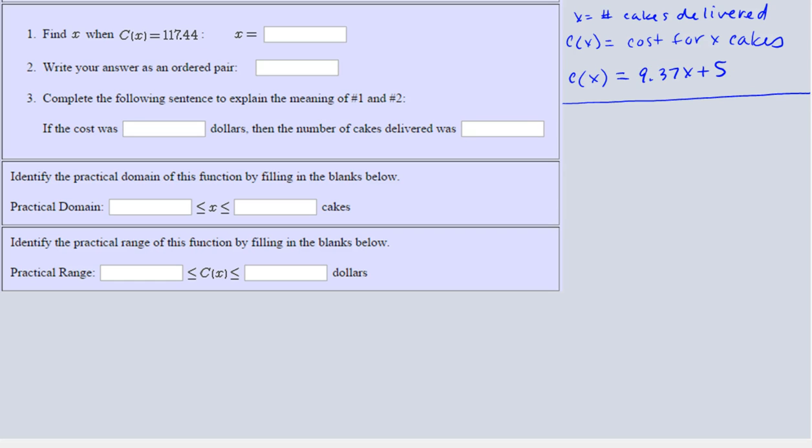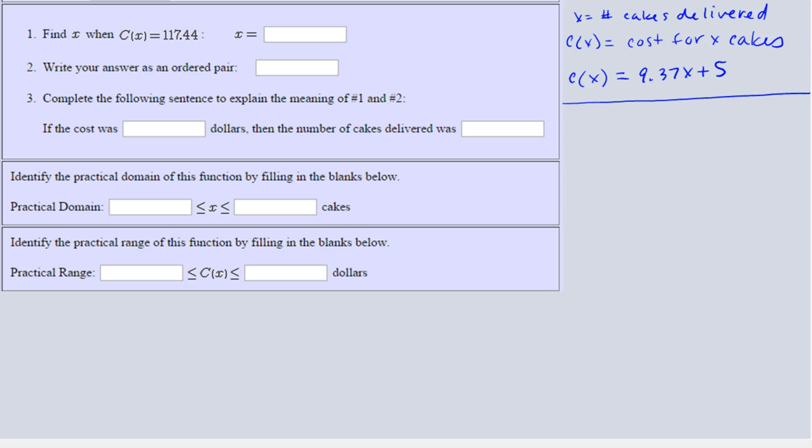And there's a few more questions for this problem. So next we're asked to find X when C of X equals 117.44. So C of X represents the total cost for X cakes. So we're asked to find the X, the number of cakes delivered, when the total cost is $117.44.